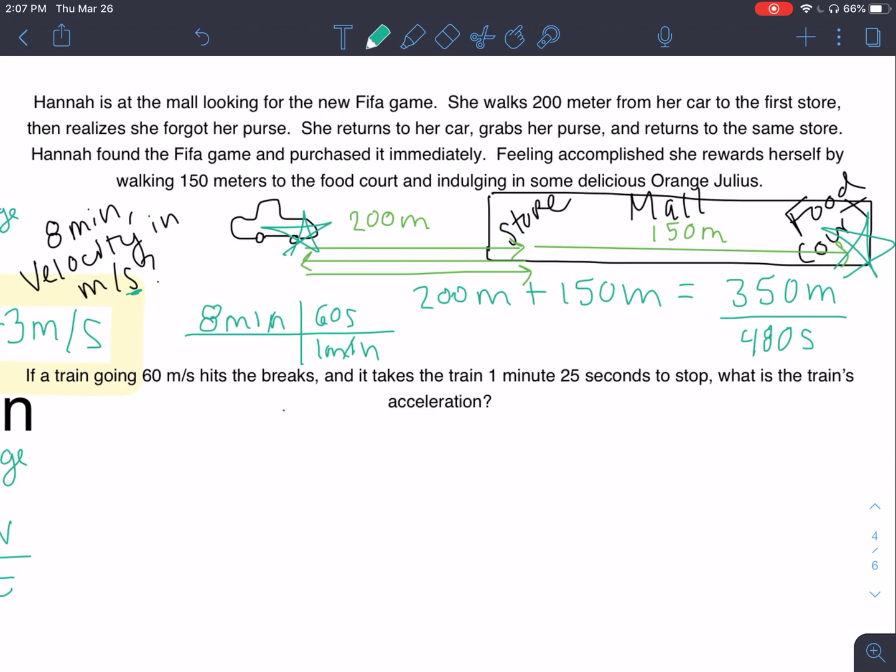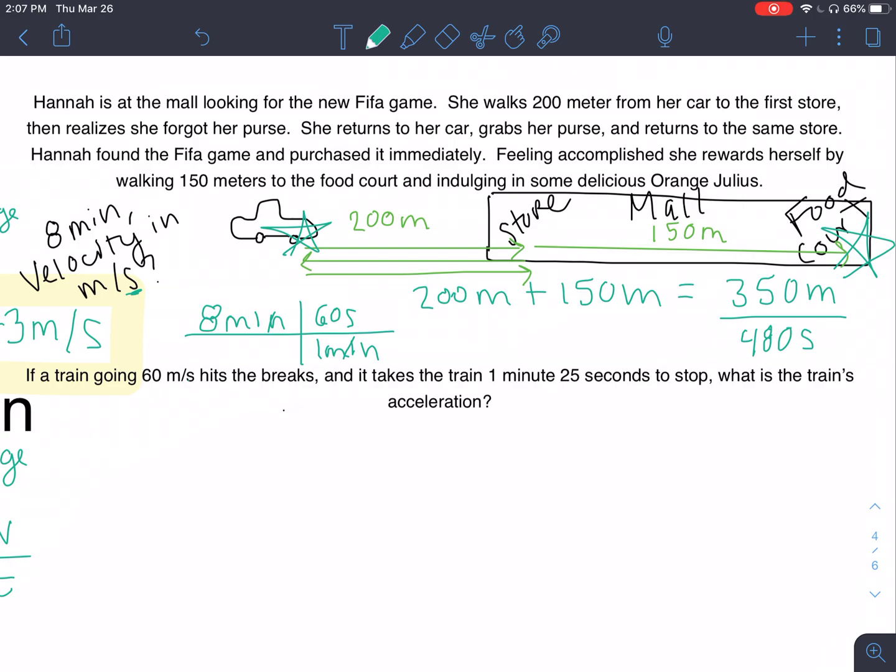Now let's apply that. If a train going 60 meters per second hits the brakes and it takes the train 1 minute and 25 seconds to stop, what is the train's acceleration? So we need to have the time be the same as up here.